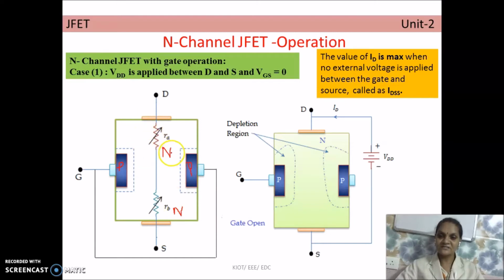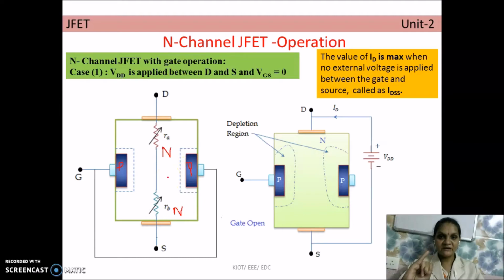The bulk resistance on the drain terminal is taken as RA, and on the source terminal is taken as RB. This resistance is subject to vary according to the flow of charge carriers from source to drain or from drain to source. That's why it is represented as a variable resistance. Based on this variable resistance, there may be some effect on the width of the depletion region also. As of now, keep it in mind.